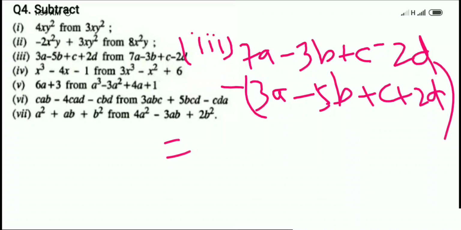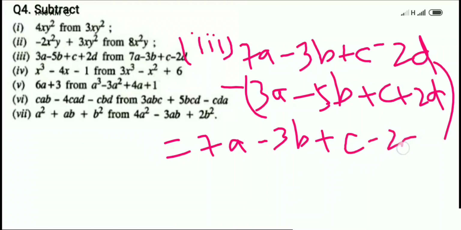This becomes 7a minus 3b plus c minus 2d.